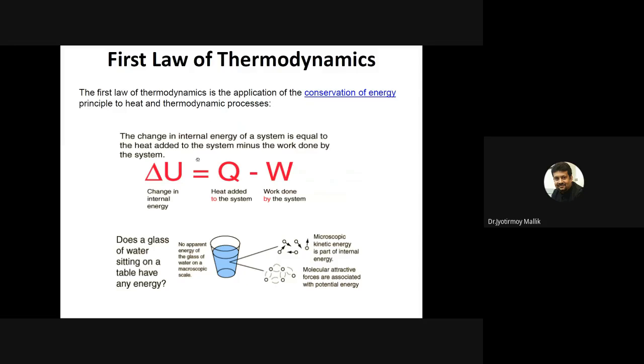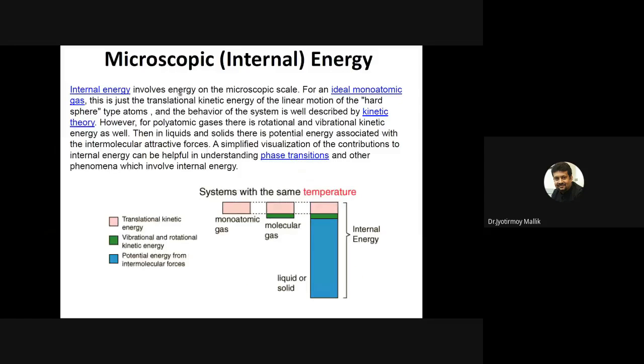Okay. Now, we talked about external energy and internal energy. Internal energy involves the energy on the microscopic scale. For an ideal monoatomic gas, this is just the translational kinetic energy of the linear motion of the hard-sphere type atoms. Okay?